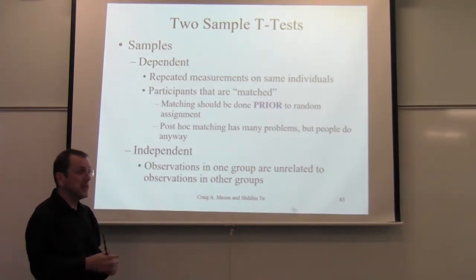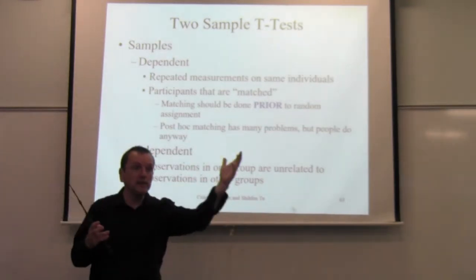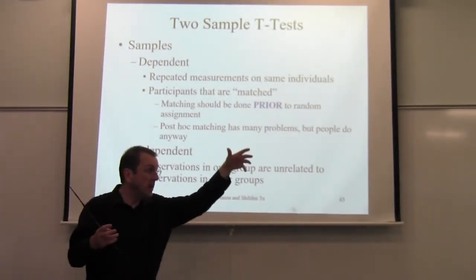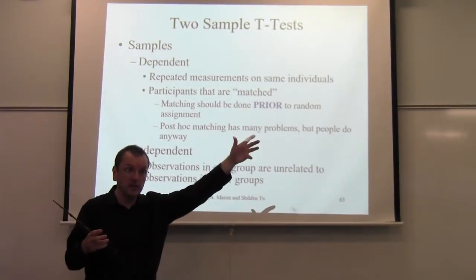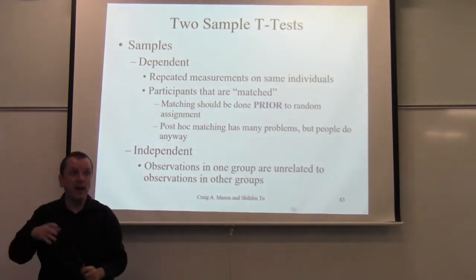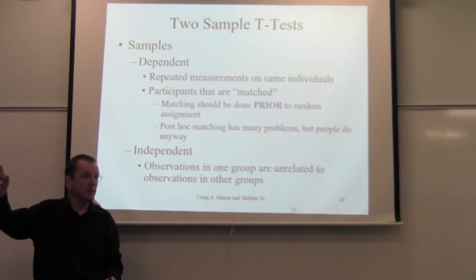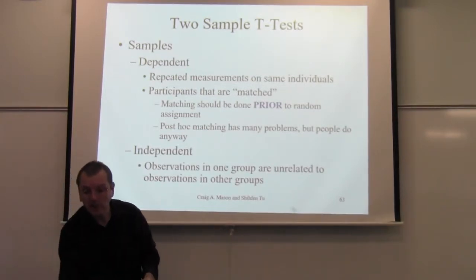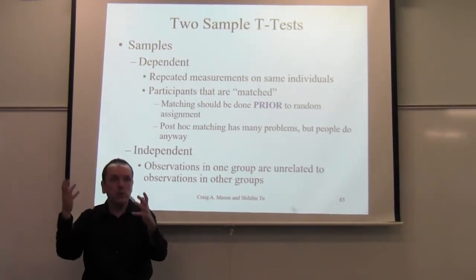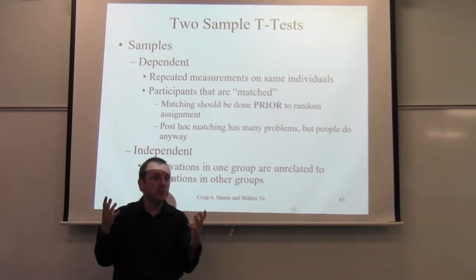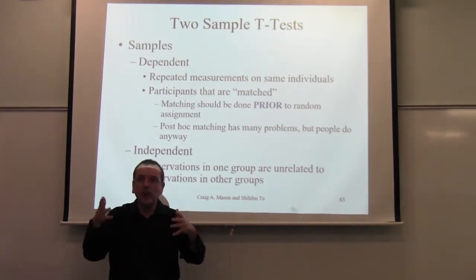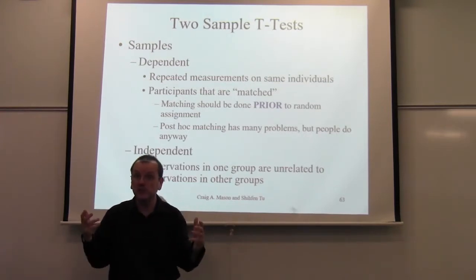The two sample t-test says, well, I want to compare one average from one sample for one population to an average for another sample that reflects some different population. And again, we want to remember when we're taking these samples, our underlying assumption is that they're reflecting different populations.